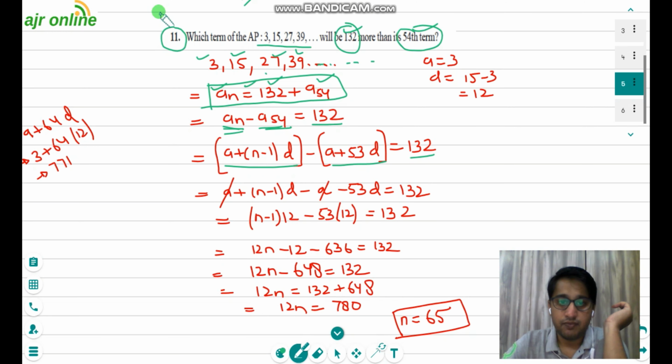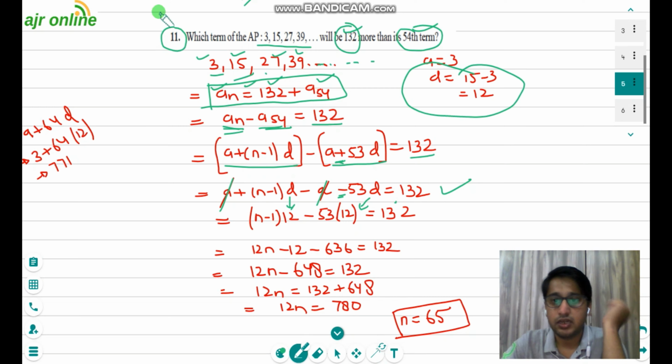And then we have opened the bracket, it will be a plus (n minus 1)d minus a, and this plus will become minus, then plus a minus a will cancel, and then we have put d's value. D value is what, we can check over here. D value is 12. How we have got 15 minus 3, 12.